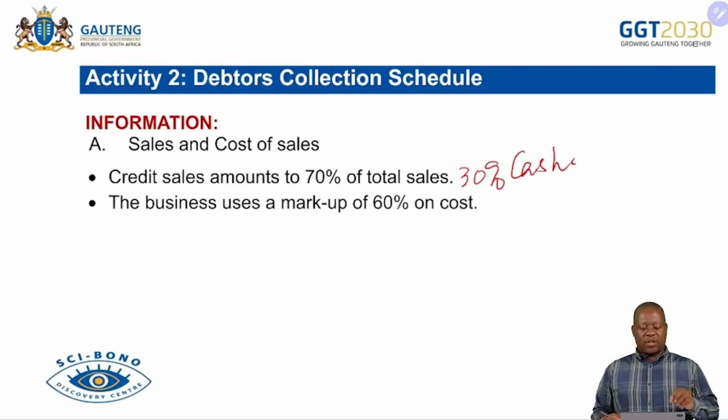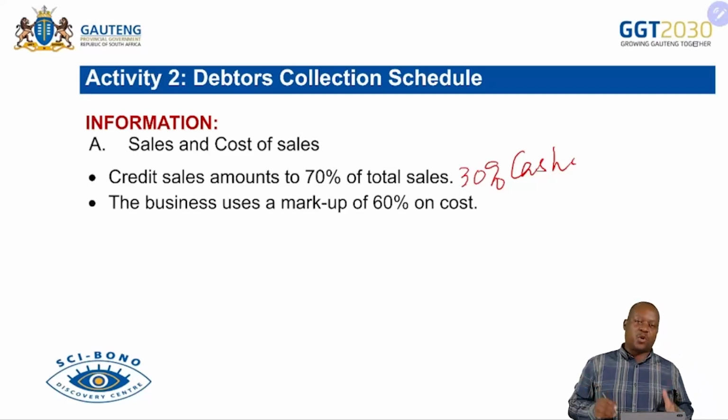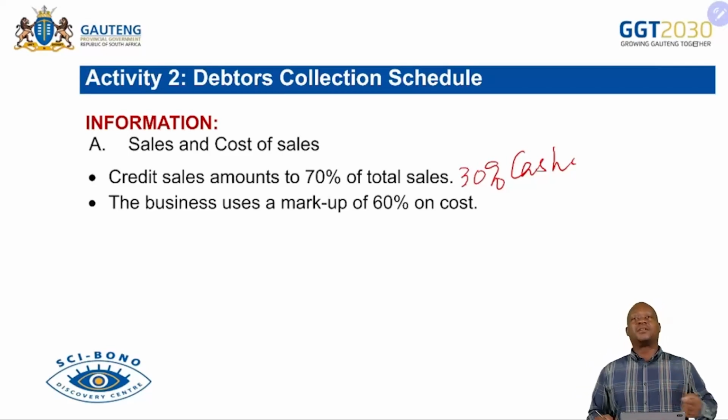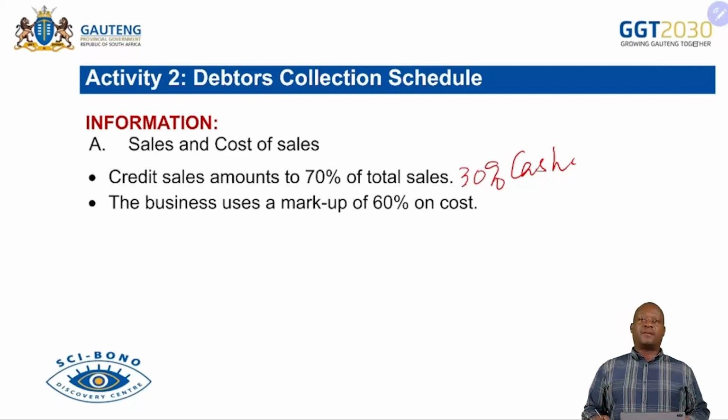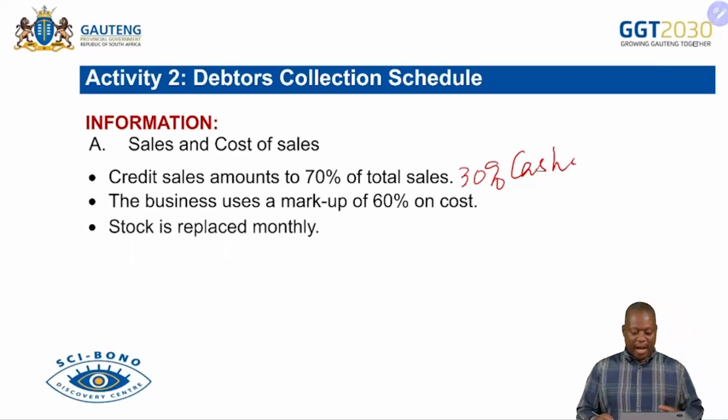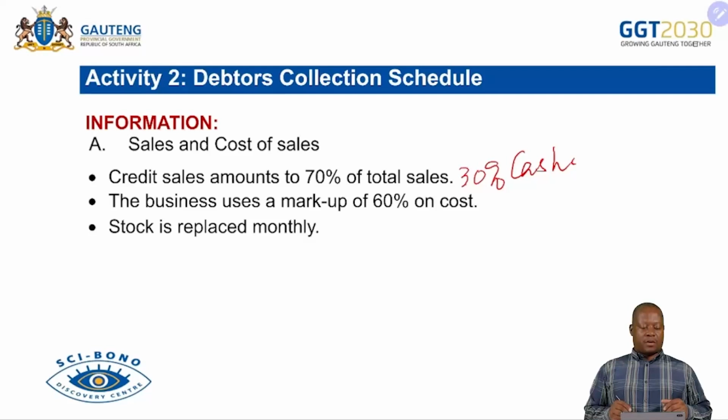Now, the business uses a markup of 60% on cost. Remember what I said. When dealing with this topic, the assumption is cost of sales equals purchases. And remember, we use markup to calculate what? Cost of sales. Which means we are still going to use the same markup to calculate our purchases. Very important. Because if you get that part correctly, then you are going to see that stock is replaced monthly.